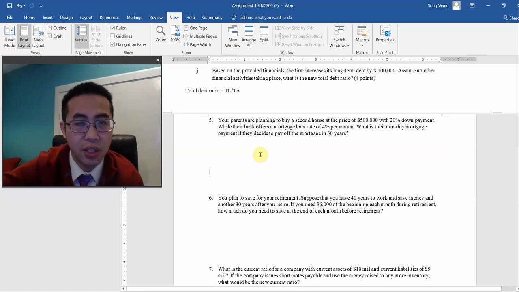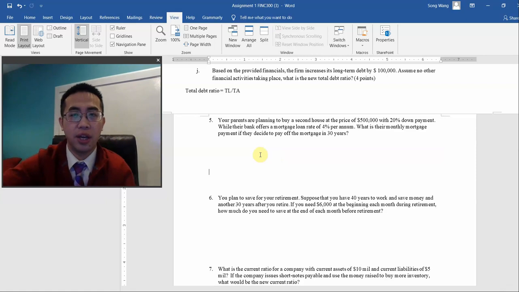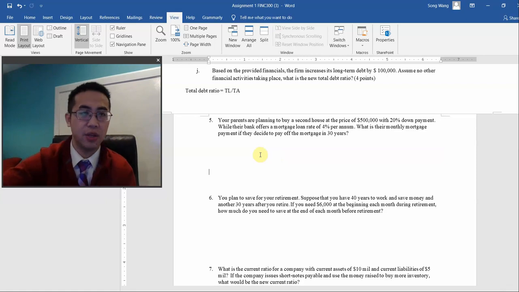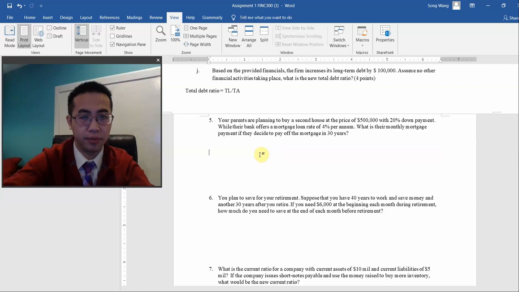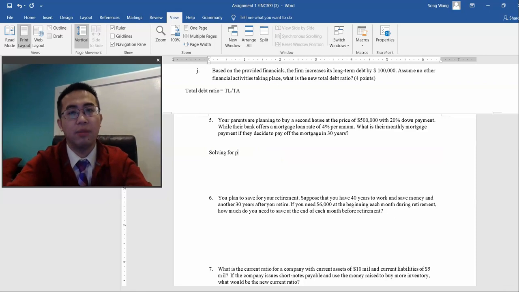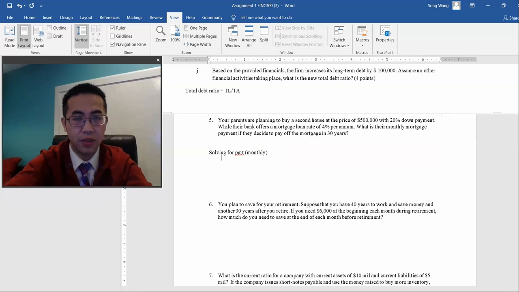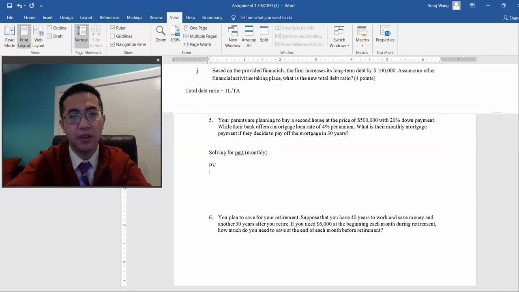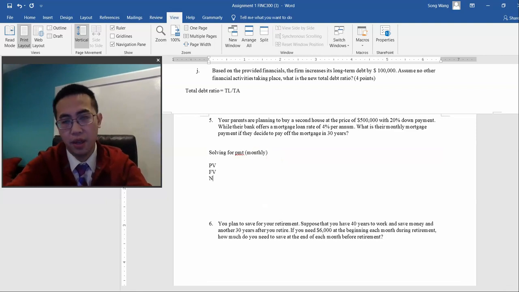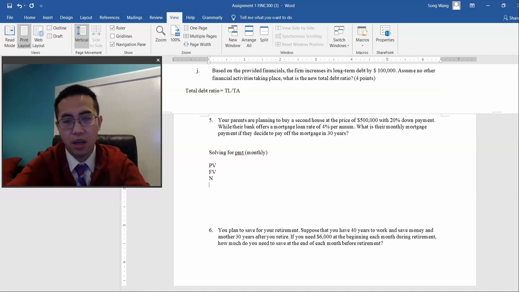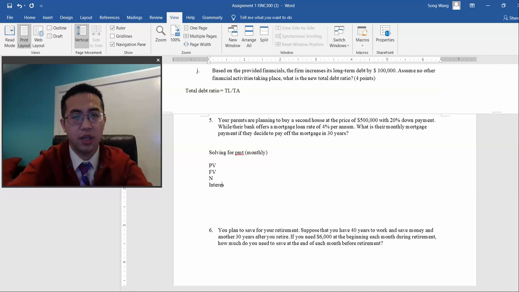The mortgage rate is 4% per year, and you are going to solve for the monthly mortgage payment. So it's about solving for payment, and the payment is on a monthly basis. So you need to lay out the present value, the future value, number of periods, and also the interest rate.